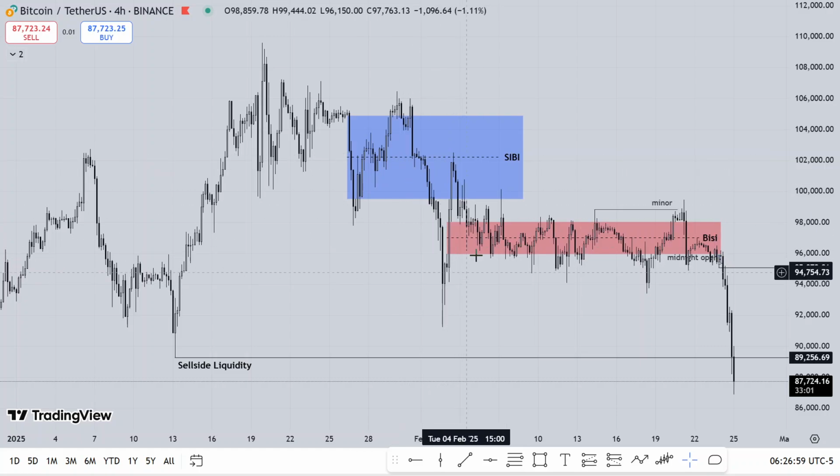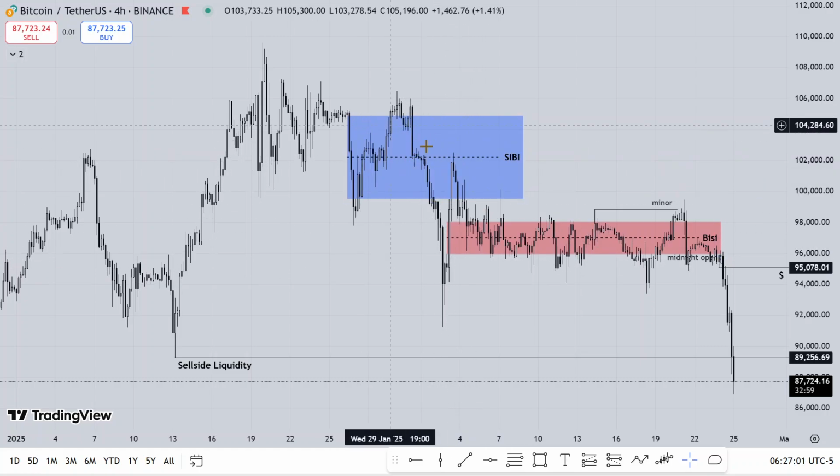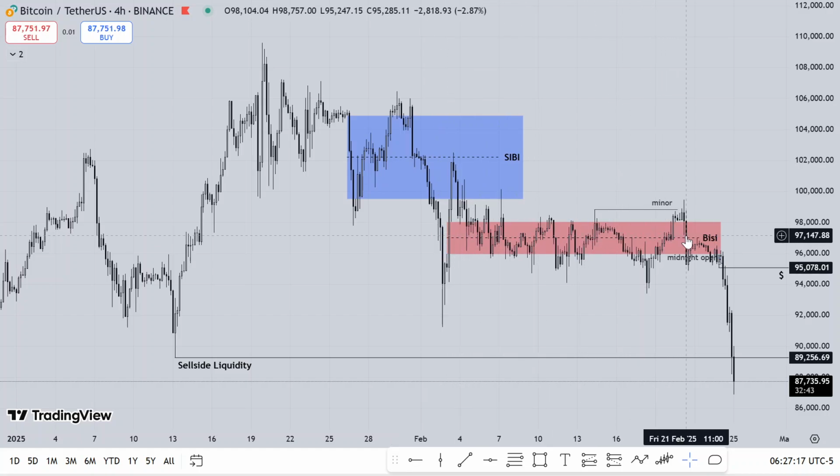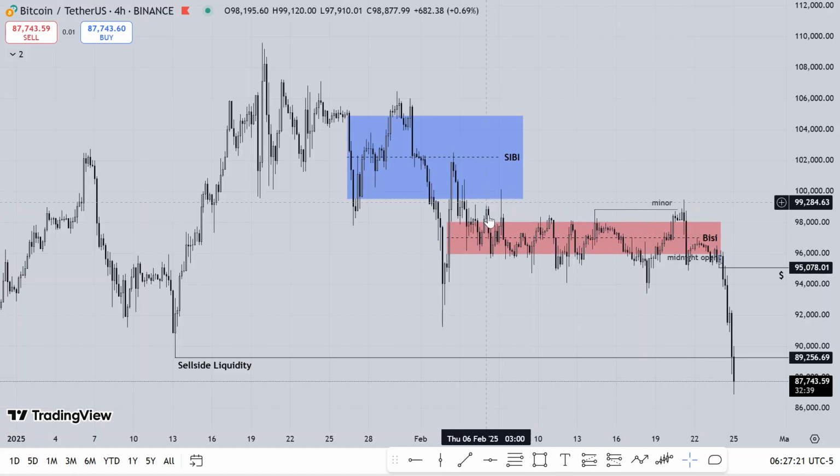So here we had the first stage of the distribution to the sell side. The first stage happened here, so price dropped lower. Then we went into a form of consolidation from the first week of February until the third week of February. So we had this consolidation.